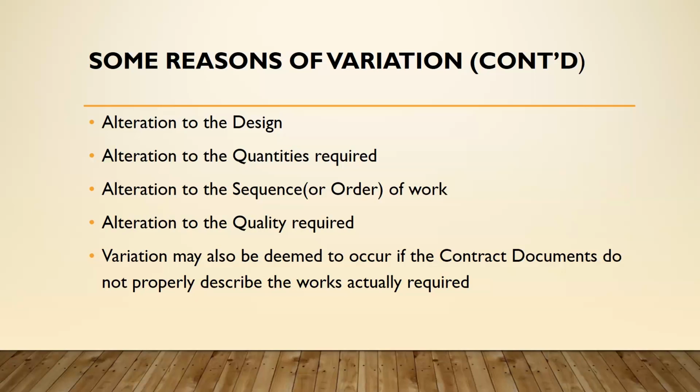For instance, instead of the BOQ describing an item as provide, place, and compact, maybe it was wrongfully captured in the contract as place and compact without the provision. It also calls for a variation.